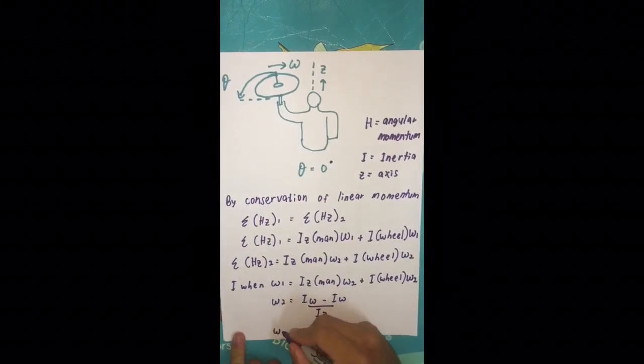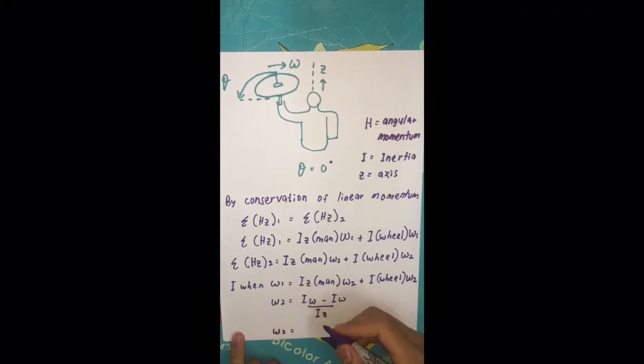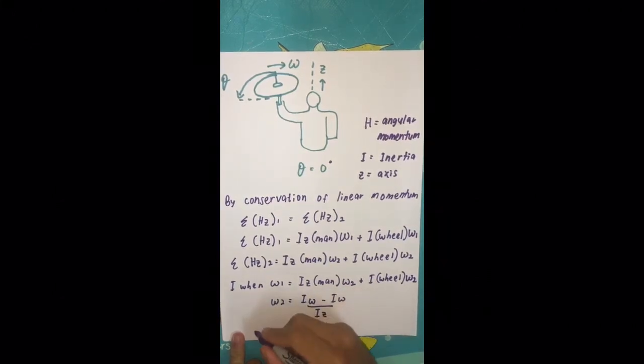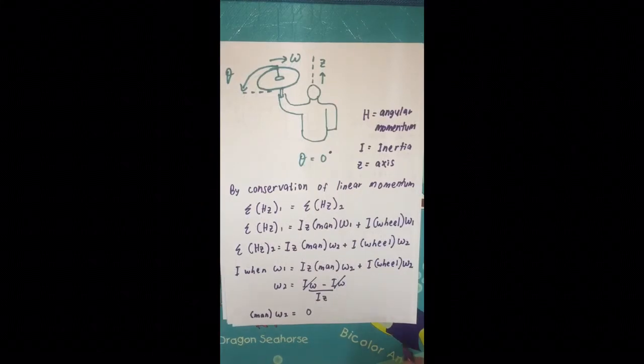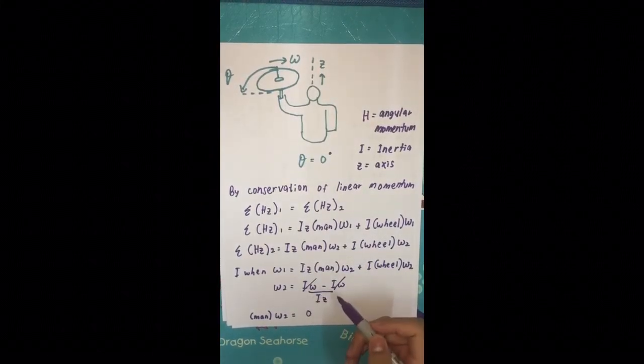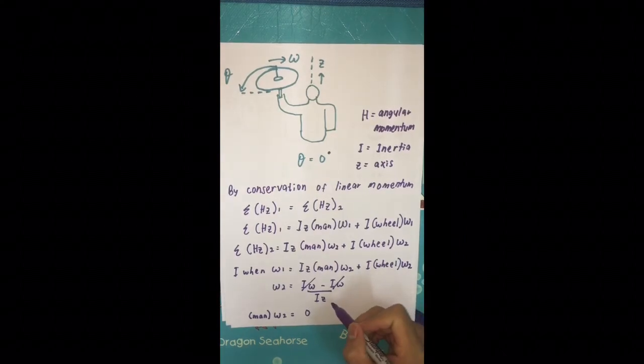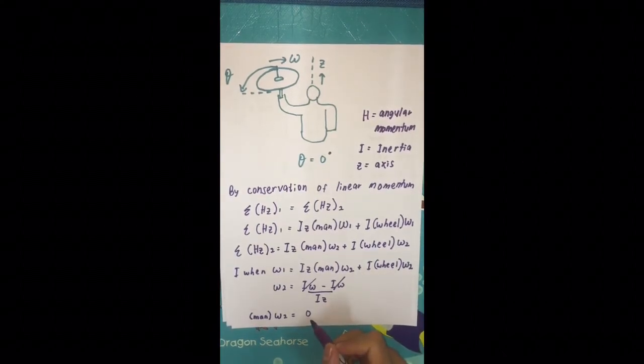So the answer is omega 2 of the man is equal to 0. Correction, this one is I_w omega minus I_w omega over Iz. So the answer is 0.